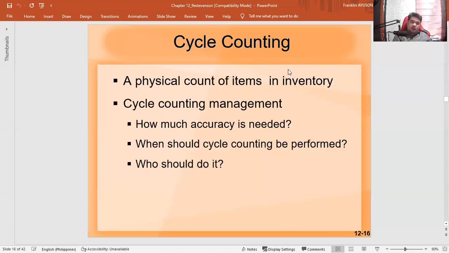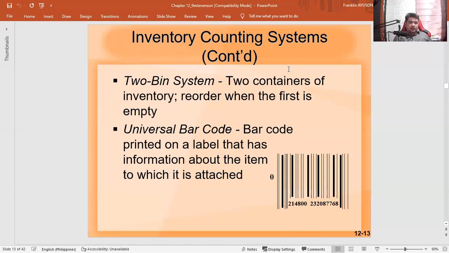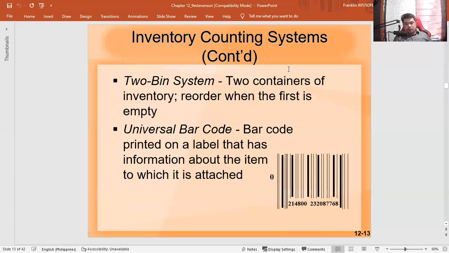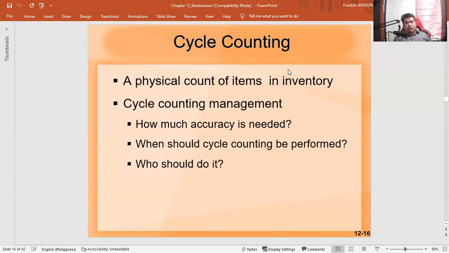Moving forward, again, cycle counting, may it be perpetual, periodic, 2-bin, universal barcode. When you say cycle counting, it's all about physical count of items. Sabihin, binibilang natin physically isa-isa.